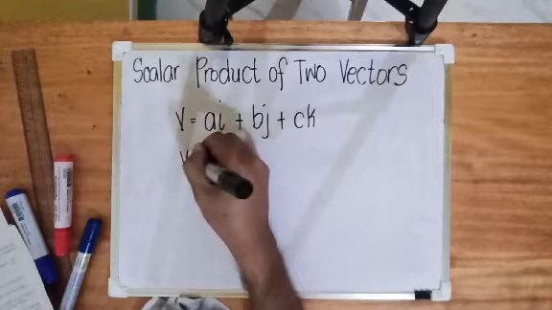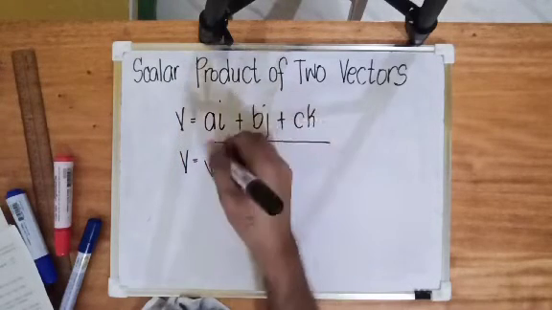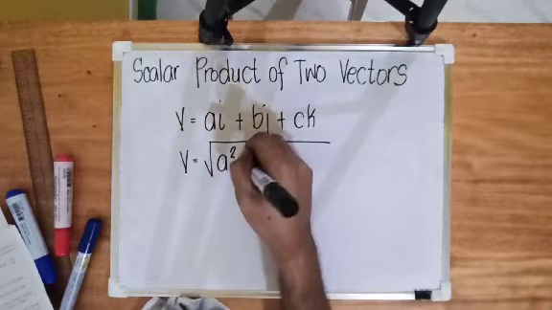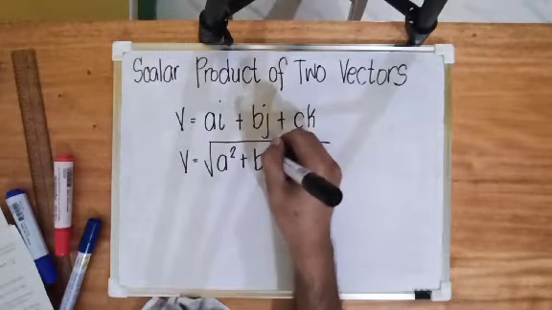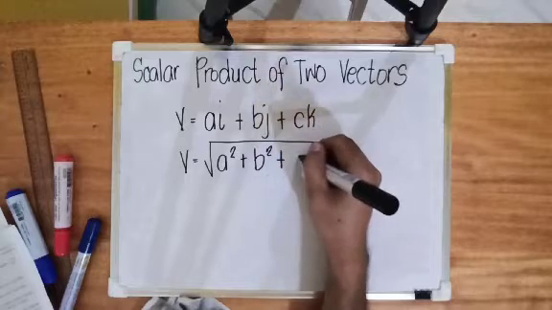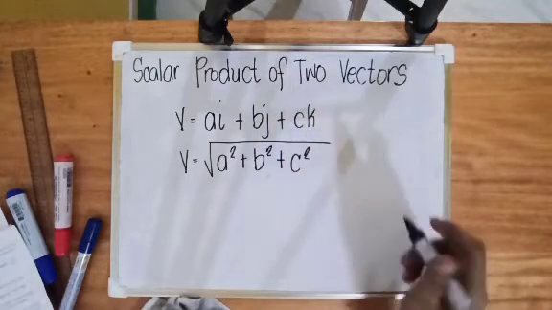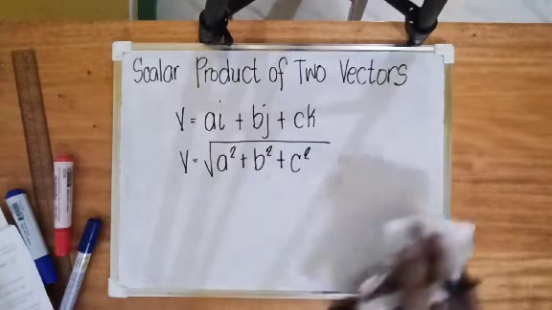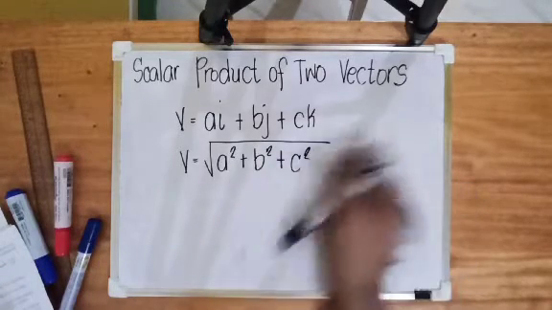We just simply take the square root of A squared plus B squared plus C squared. And that's how you get the magnitude of a vector.